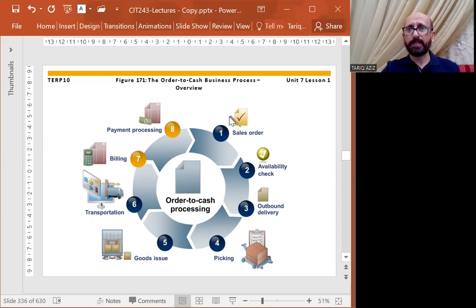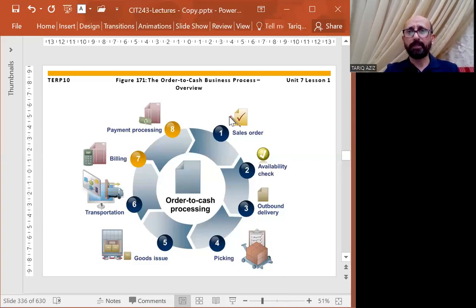So it starts with the customer inquiry, and then the customer may ask us for the quotation as well. So step number 2 will be the quotation. But we can directly start with the sales order as well. That's why they just skipped the first two steps or first two processes. But when we do the case study, inshallah, you will do the inquiry and the quotation before you start the sales order.